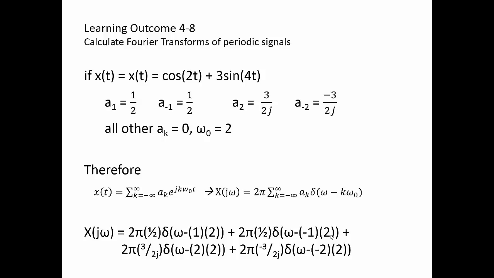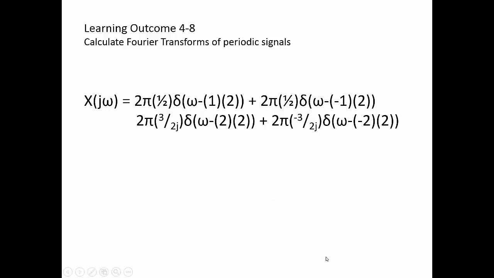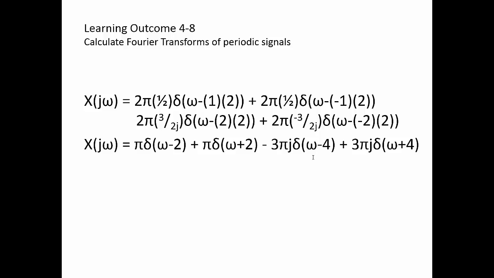Our next non-zero a sub k occurs when k is 2, and it has an a sub k value of 3 divided by 2j, k value of 2, omega naught of 2. And our final non-zero a sub k has a value of minus 3 over 2j when k is equal to -2. And we can simplify this a little bit.